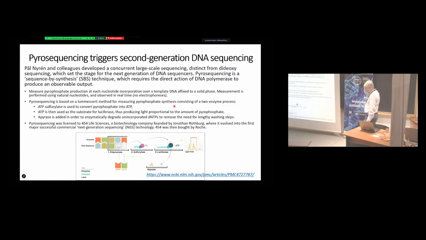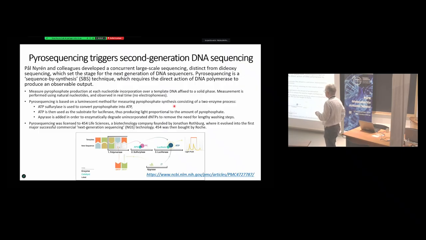And then a new concept came out, and it was a work by Pål Nyrén and colleagues that developed after that a first concurrent large-scale sequencing, and this one was a different concept by comparison with the dideoxy sequencing.